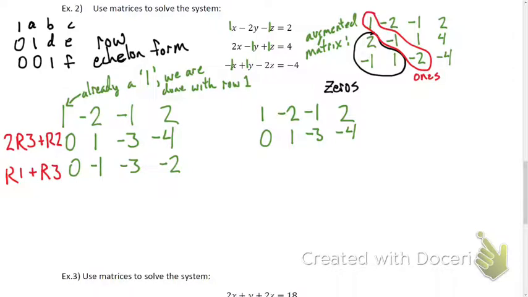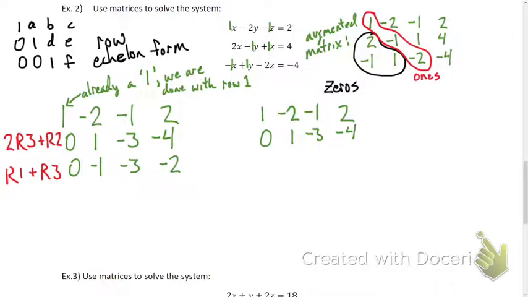So we're done with row 1, row 2. Now I just need to wrap up row 3. I already have a 0. I need that negative 1 to turn into a 0. So I am looking at this negative 1 right here. I can do the same idea I did a second ago and combine row 2 and row 3, and that'll cancel out.